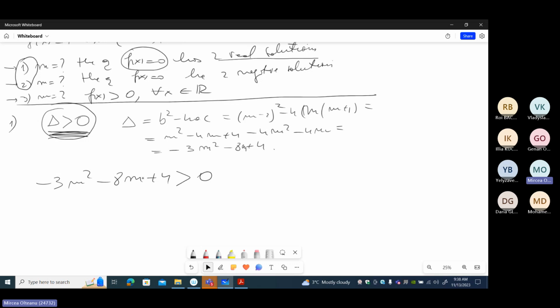This is a quadratic inequality. How to solve it? Of course, we shall make a table for the sign of this quadratic function, minus 3m squared minus 8m plus 4, which is a quadratic function depending on the variable m, yes?